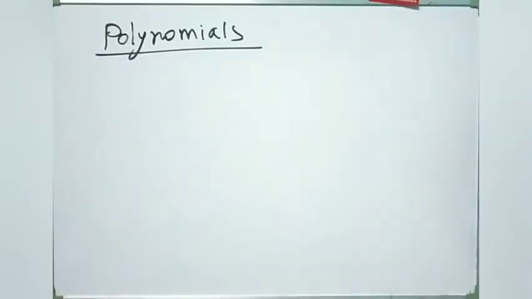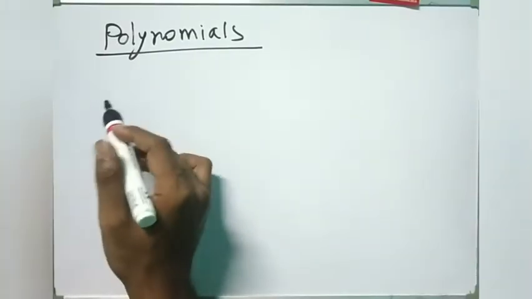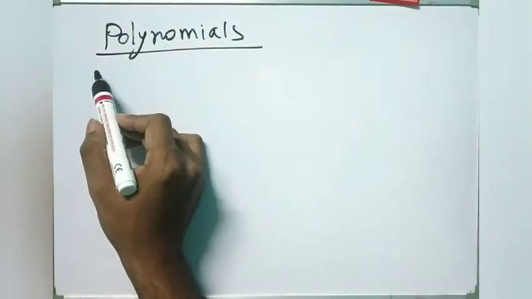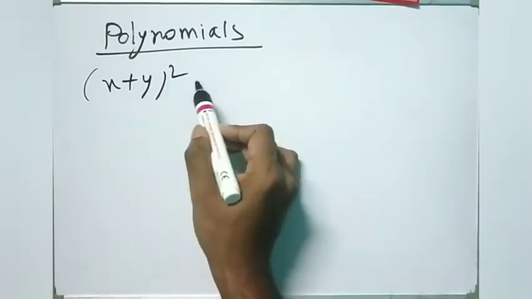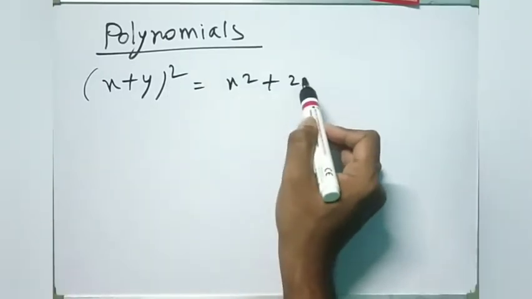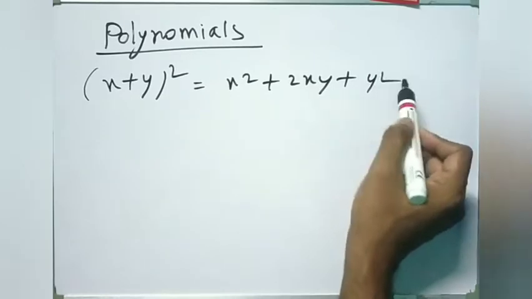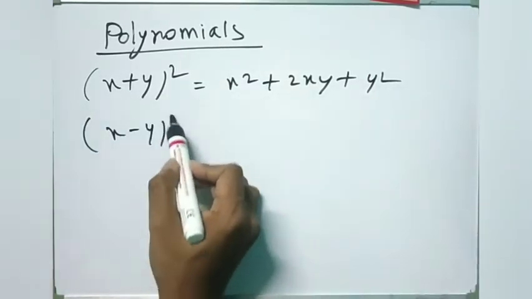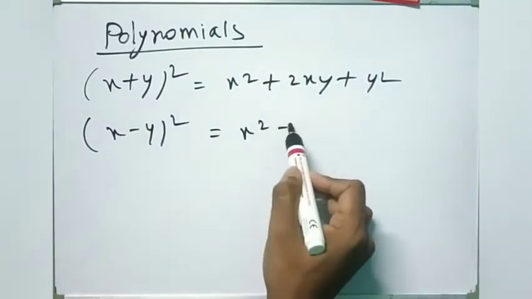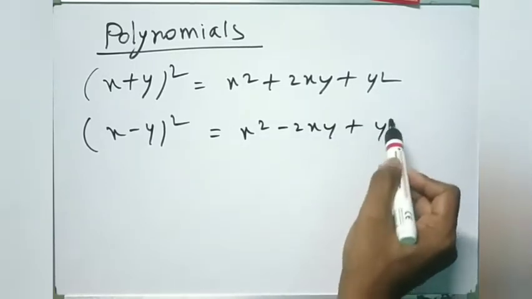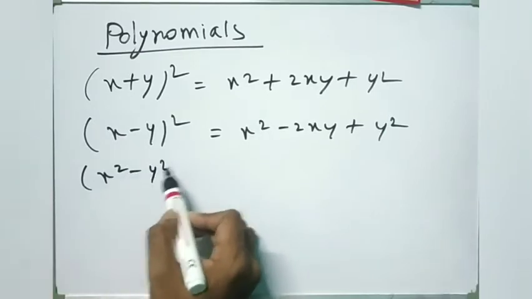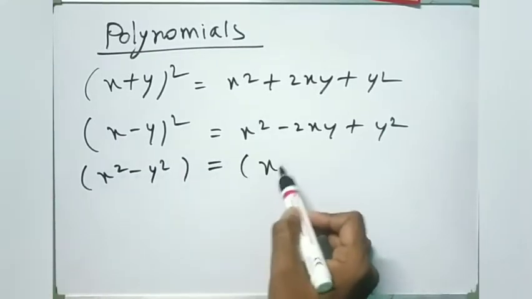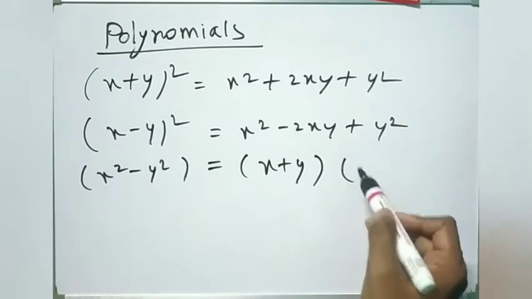Now, in earlier classes, we have studied algebraic identities like (x plus y) whole square equal to x square plus 2xy plus y square, and (x minus y) whole square equal to x square minus 2xy plus y square, and x square minus y square equal to (x plus y)(x minus y).